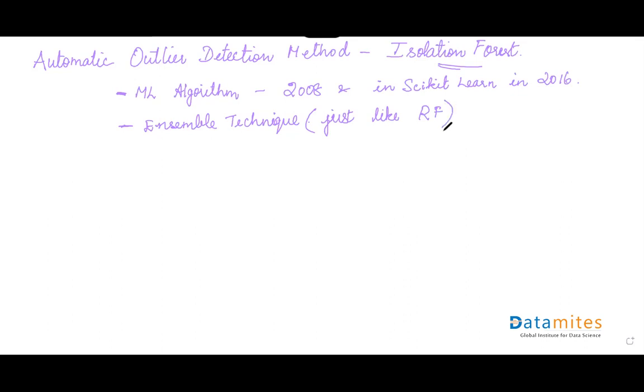You can also say it is a variation of random forest, but the ultimate aim of using isolation forest is identifying the outliers.